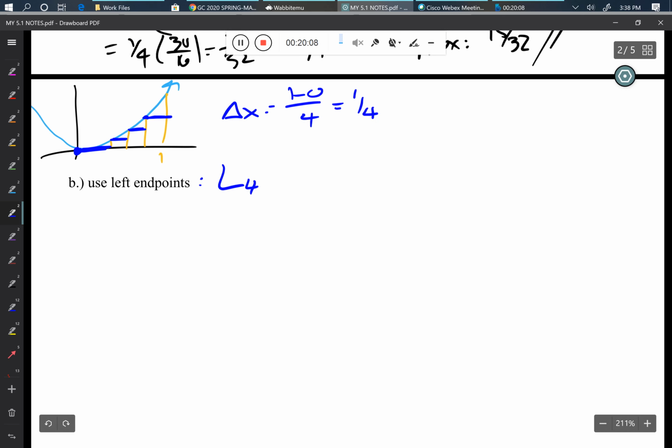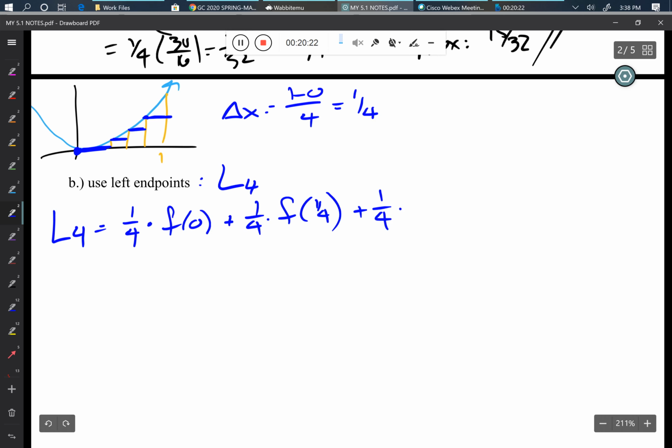Right? So now what is L sub 4 going to be equal to? First rectangle, 1/4 times f of 0, plus second rectangle, 1/4 times f of 1/4, plus third rectangle, 1/4 times f of 2/4, which is 1/2, plus the fourth rectangle, 1/4 times f of 3/4.